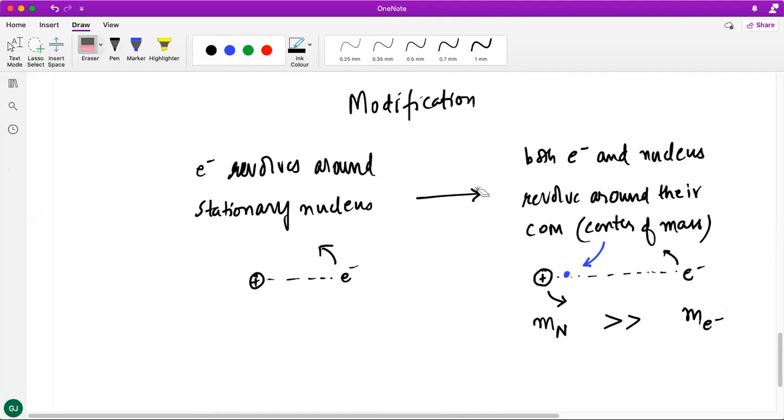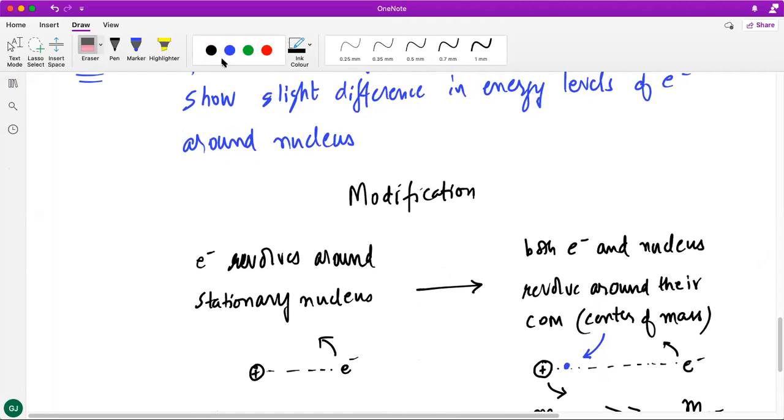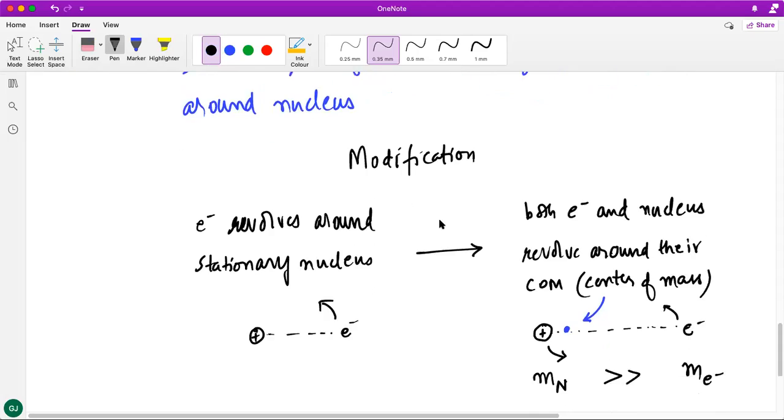We study this in the rotational mechanics chapter. In physics you will learn the concept of rotation of two bodies around a center of mass. And here, I am putting forward the result.